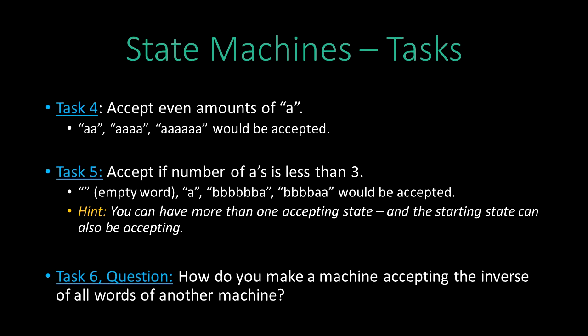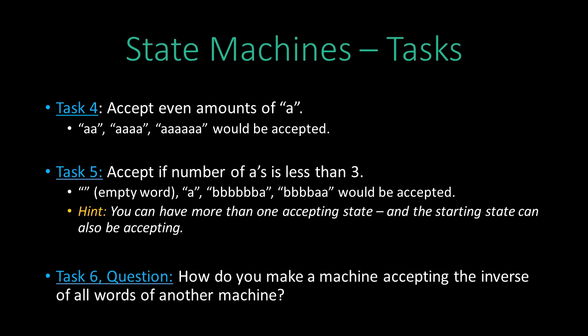It's also an illustration that state machines can not just match regular expressions or exact strings. They can also match this function called even. Okay. Task 5 is to accept a word if the number of A's in this word is less than 3. So, for example, no characters is a string with number of A's less than 3, so you would accept this one.